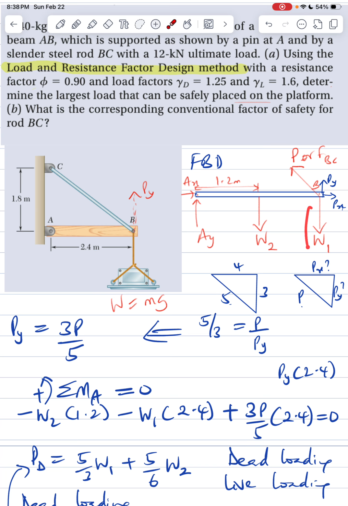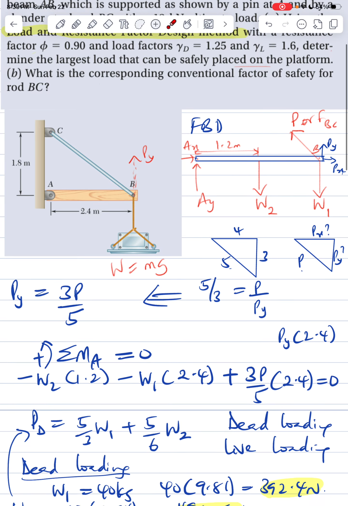Minus W1, which is at the very end, so multiply by 2.4, plus, now we have here Py. Py is 3P5, which is also at the end of the beam, so that's 2.4, equal to 0.